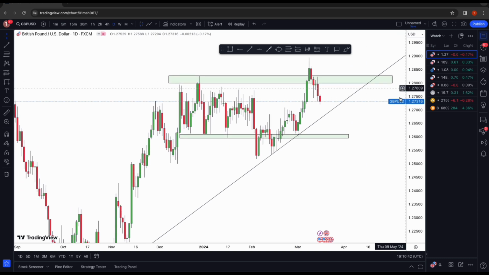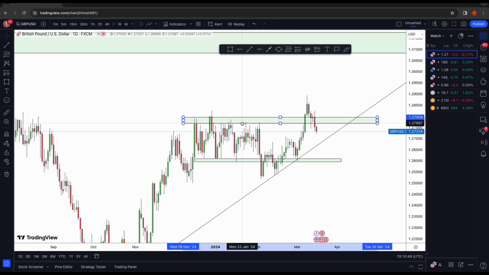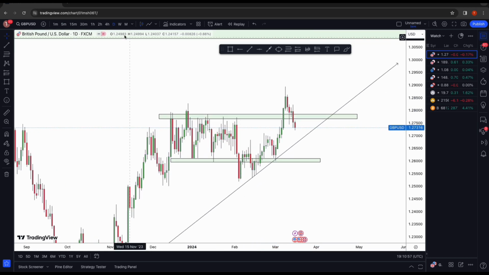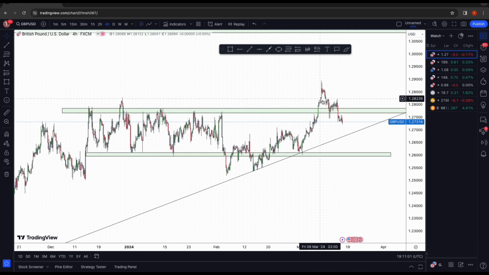But where are we now? What are we doing? I think I might adjust this a little bit. Maybe move it to there. So we've come above this zone.